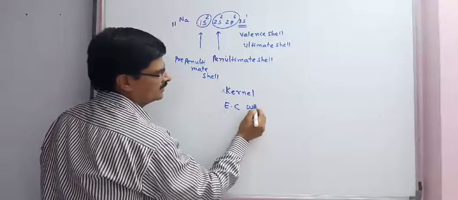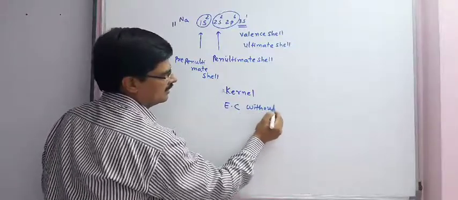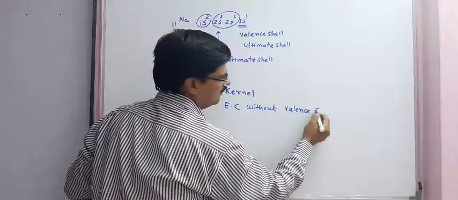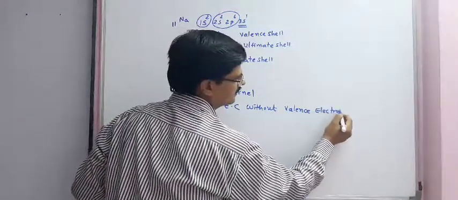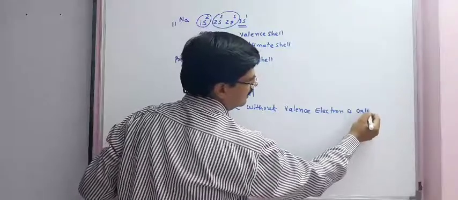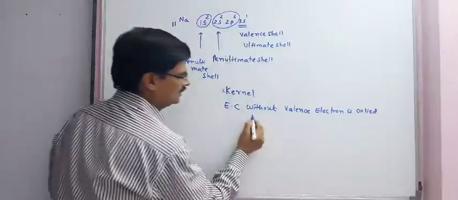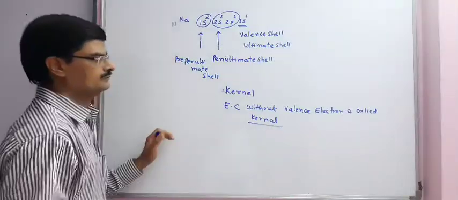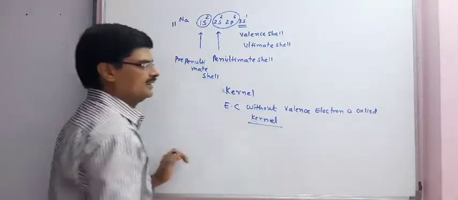Electronic configuration without valence electron is called kernel.